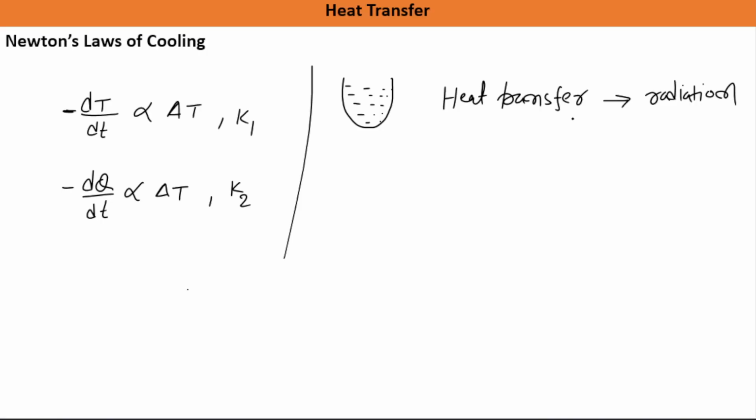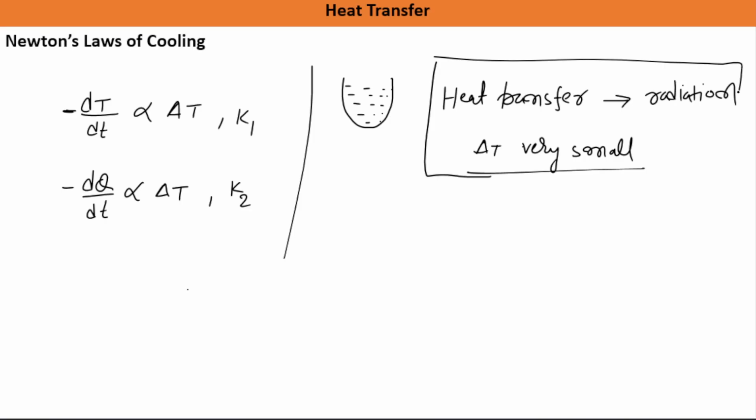And then second assumption, temperature difference, that is delta T, has to be very small. Temperature difference between T and that of surrounding has to be very small.